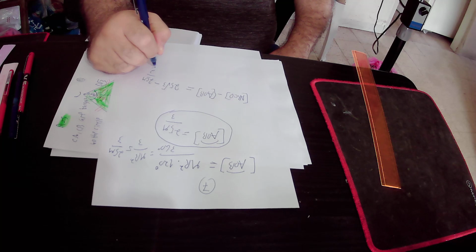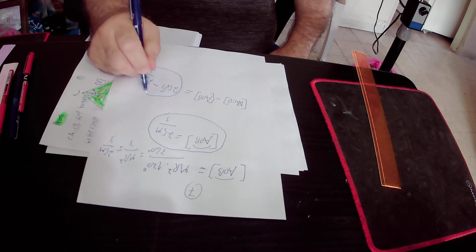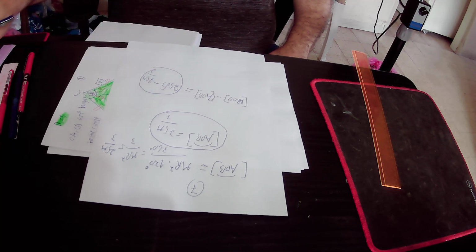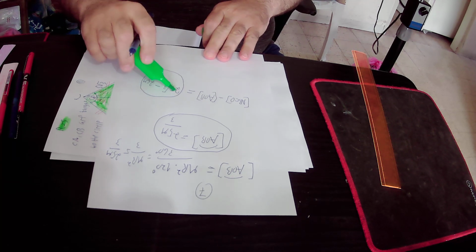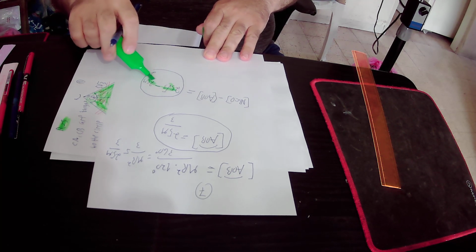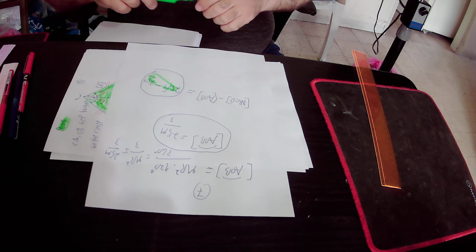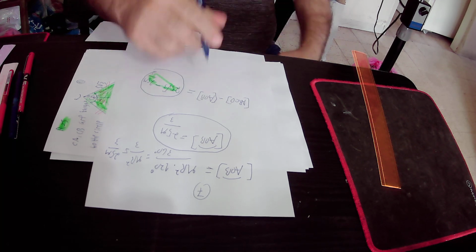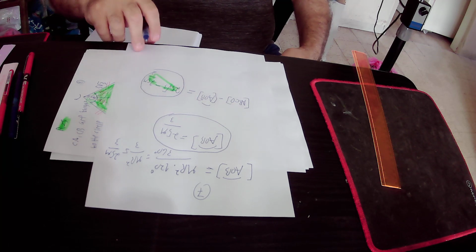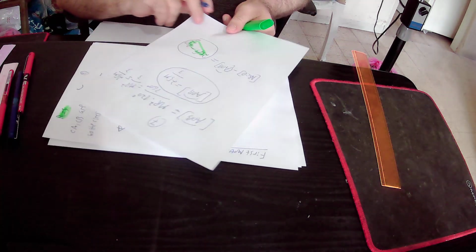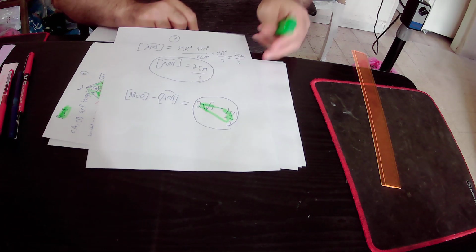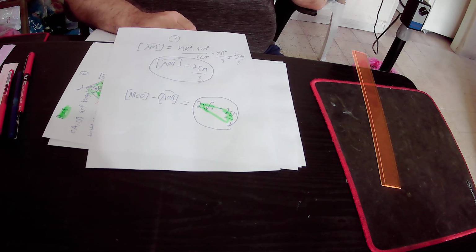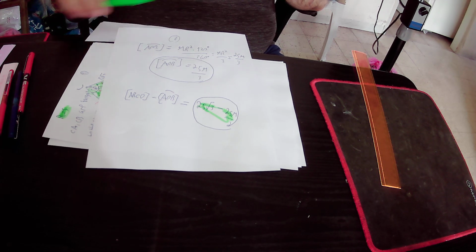So the area of the green shape equals the area of quadrilateral ABCO minus the area of sector AOB. That is to say, it equals 25 root 3 minus 25 pi over 3 square units.